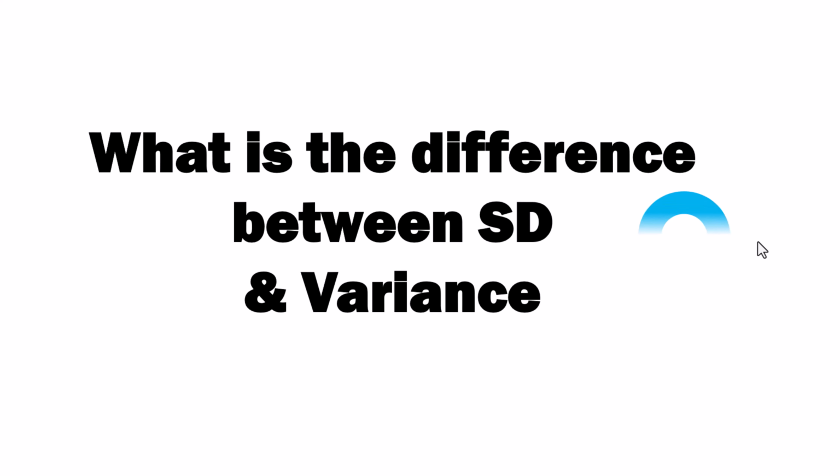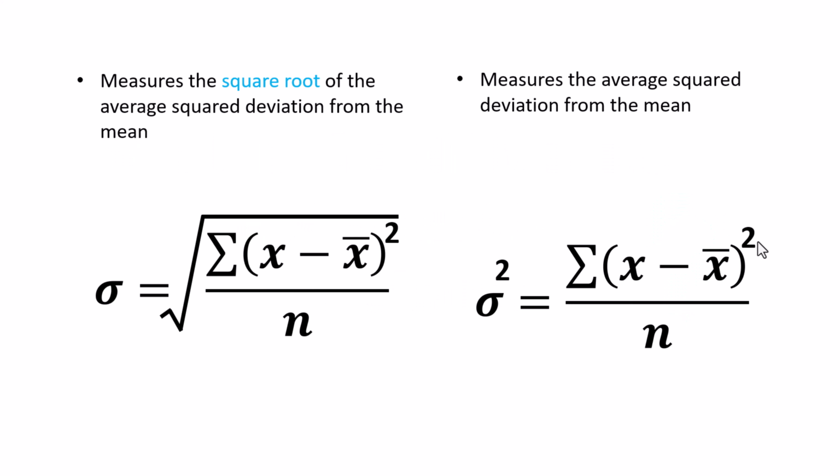What is the difference between standard deviation and variance? Variance measures the average squared deviation from the mean, but squaring makes the unit messy. Scores in meters become variance in meters squared. That is not very intuitive. You can't say the variance is 25 meters squared, so what does that mean? Standard deviation comes to the rescue by taking the square root of the variance.